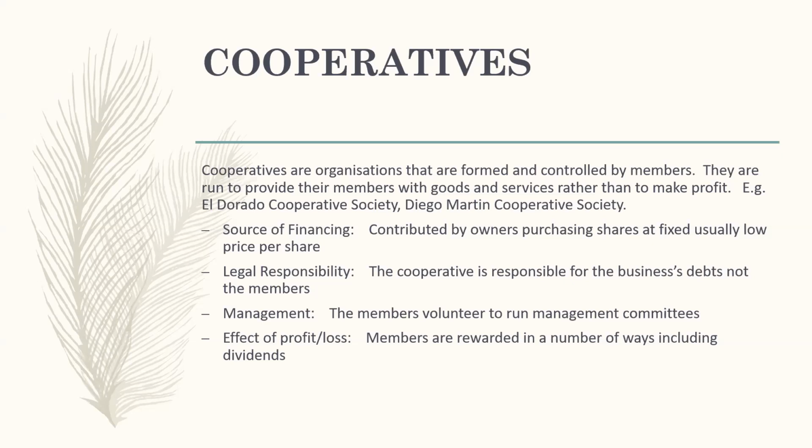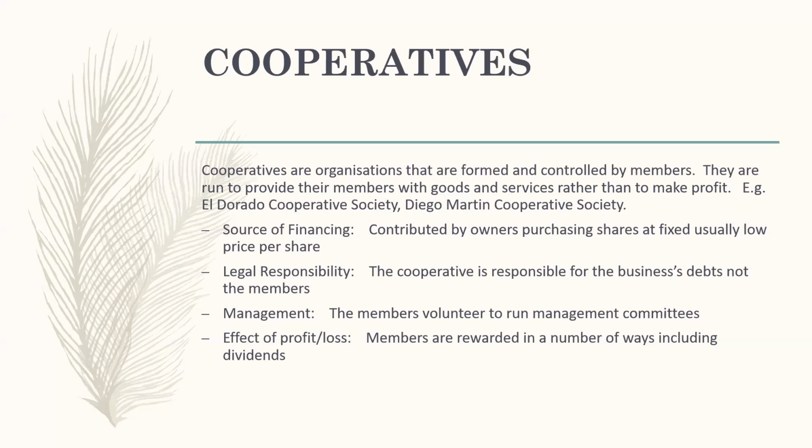It doesn't always have to be agricultural goods. It could be any other type of foodstuff. Their aim is to buy on a wholesale basis so that they can sell at a cheaper price to their members. And that is the purpose of cooperatives. Okay.